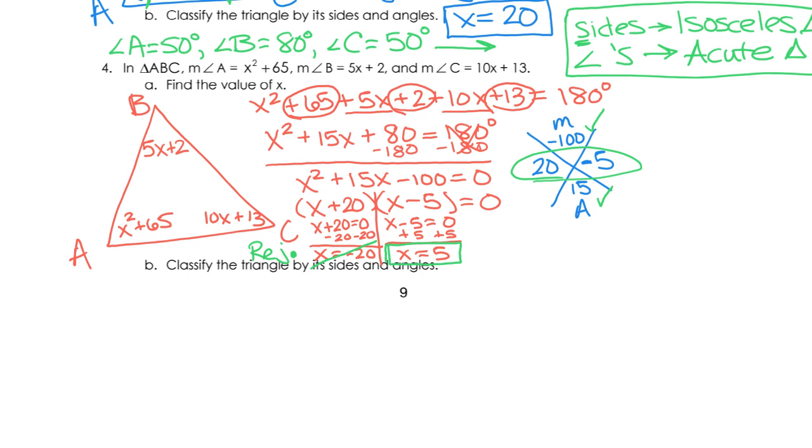Okay? However, part B says to classify the triangle by its sides and angles like the last question did. And so we're going to have to plug in even though they don't tell us to. So let's go in alphabetical order, I guess. We'll go with angle A first. 5 squared is 25. And 25 plus 65 makes angle A 90 degrees.